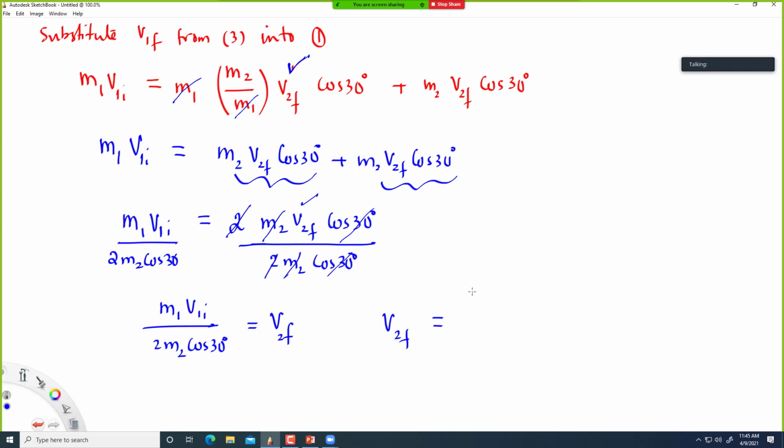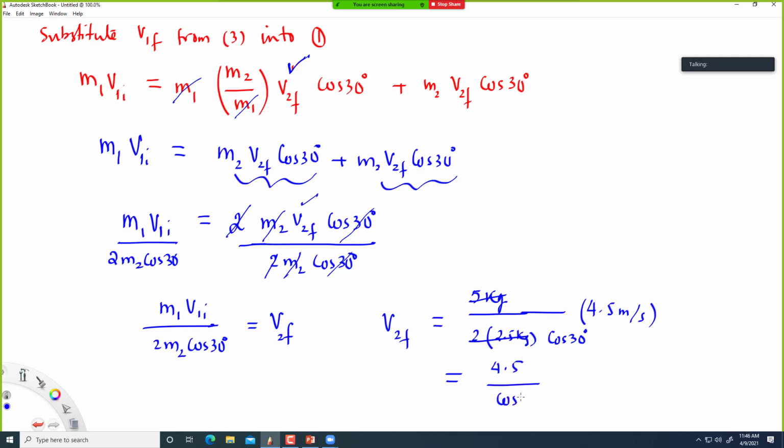So 5 kilogram, 2 times mass 2 is 2.5 kilogram, and then cosine 30 degrees, and then the initial velocity of 1 is given, 4.5 meters per second. So that will give you, okay, so that and that, so 4.5 over cosine 30 degrees.